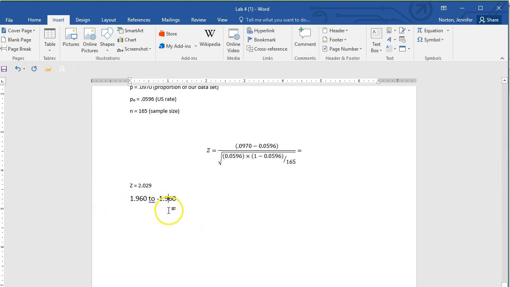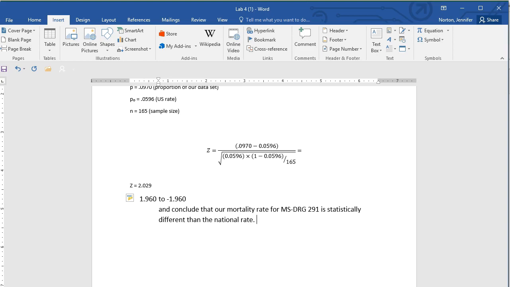You would reject the null hypothesis, and conclude that our mortality rate for MS DRG 291 is statistically different than the national rate.